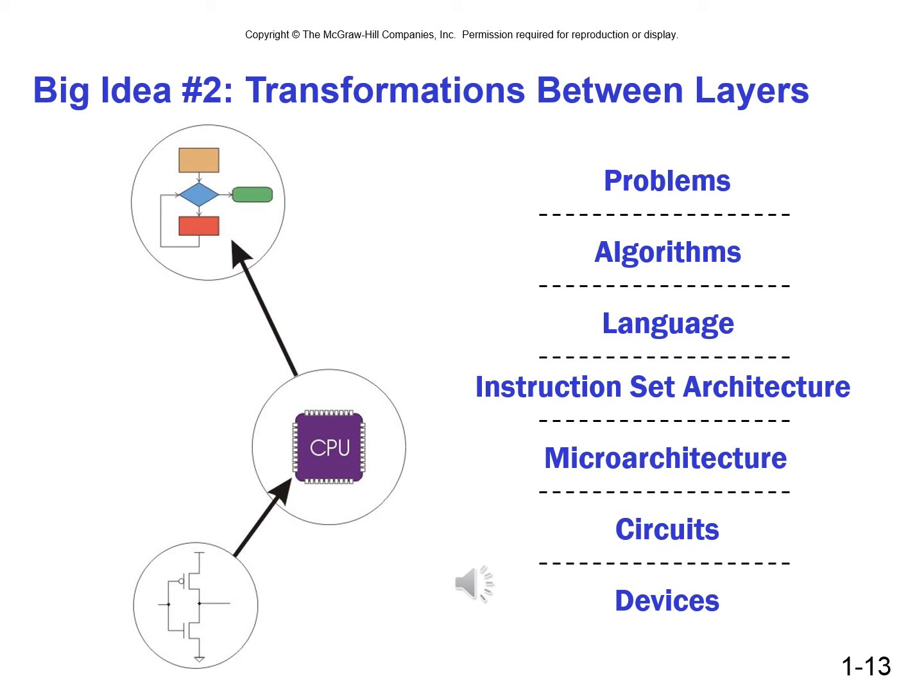Those problems have to be parsed into algorithms, a series of computable statements, and then the algorithm will be implemented in a programming language, and that programming language will compile, link, assemble, whatever, a series of instructions based on the target instruction set architecture.